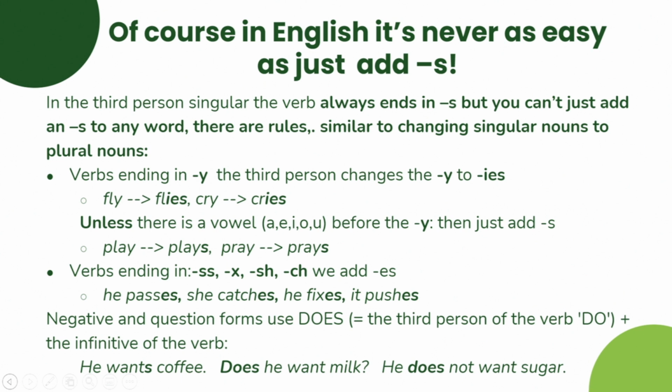Does he want milk? And on the negative, he does not want sugar. We don't say he does not wants. Okay? So the third person basically applies to the verb do. Becomes does. And that's one to watch out for when we use negative and questions.